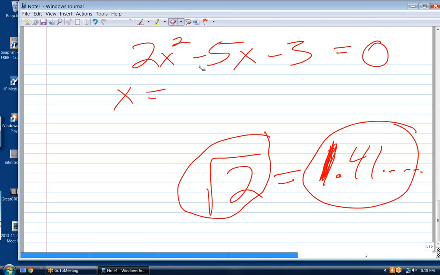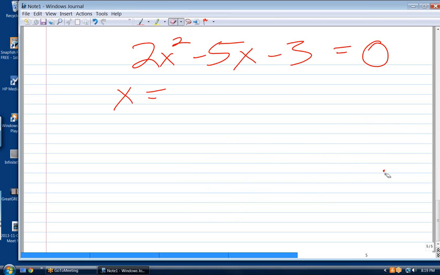So you tend to leave answers in radicals. Now, if you're building a bridge or something, and you get a radical, then it is necessary to convert it to decimals. So it's not like it's completely wrong to do that. But get used to leaving your answers in radicals. That'll be the more common way from now on.